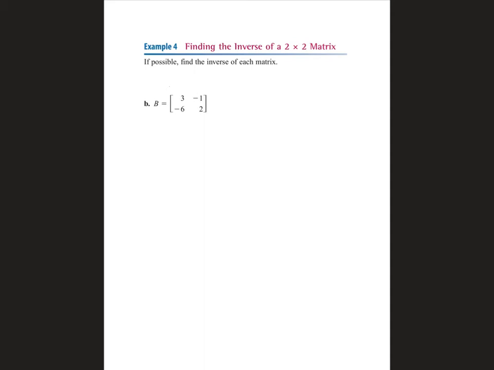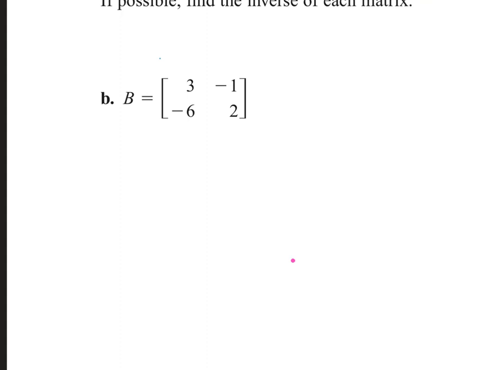All right, next one. We have to find the inverse of B. So first thing we want to find is that determinant, that scalar that we multiply out front. So that is going to be 1 over A times D minus B times C. This is A, B, C, and D. So this is 1 over, what's A times D? 6. And then what's B times C? 6. So this is 1 over 0.